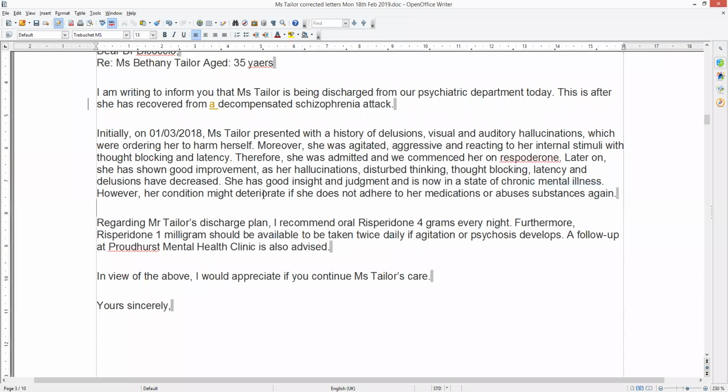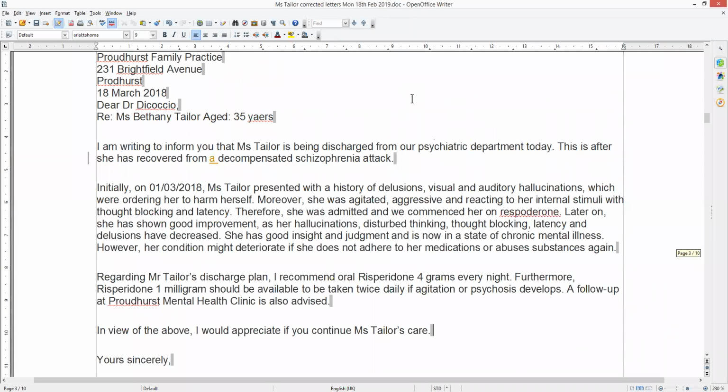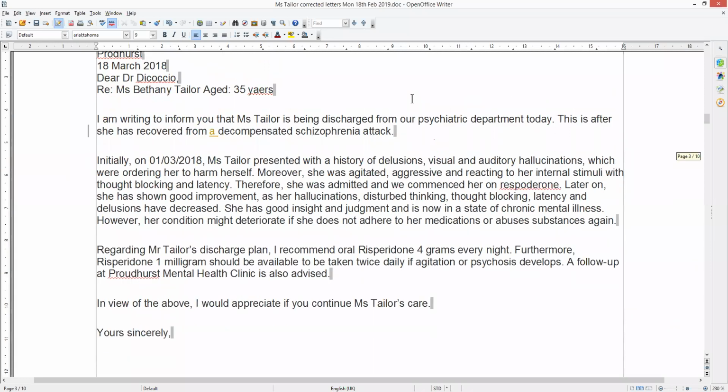However, her condition might deteriorate from medication abuse of substances again. Okay, now you haven't mentioned anything about substance abuse. This is why, you know, if it's too short, you might be missing out information. And you haven't said anything here about drinking and cocaine.